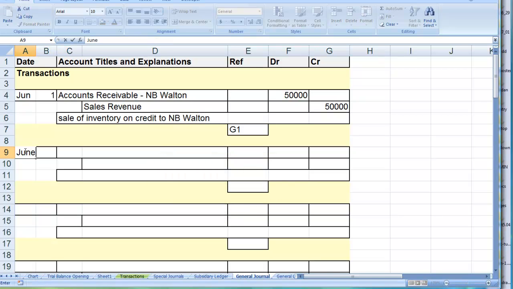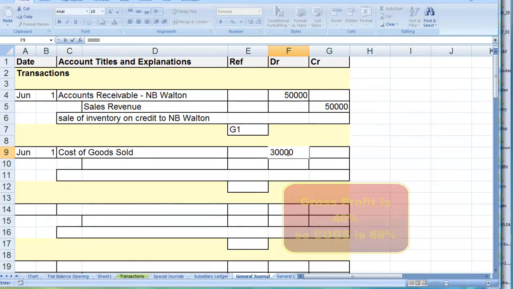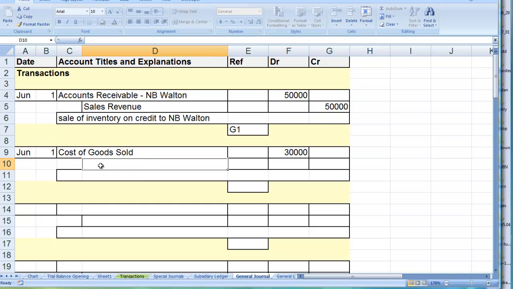We also need to bring to account the corresponding reduction in inventory and the cost of goods sold expense. So what do we have? 60%. Therefore our cost of goods sold will be $30,000. And that's a debit, and therefore we'll have a reduction in our inventory of $30,000, which will be a credit.